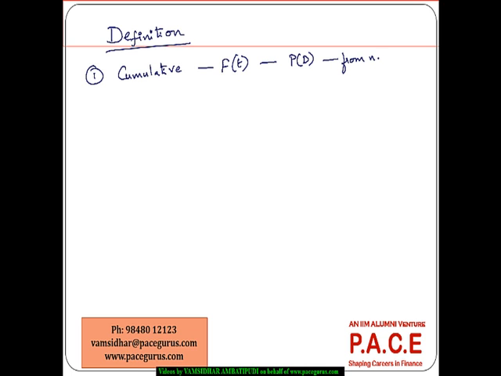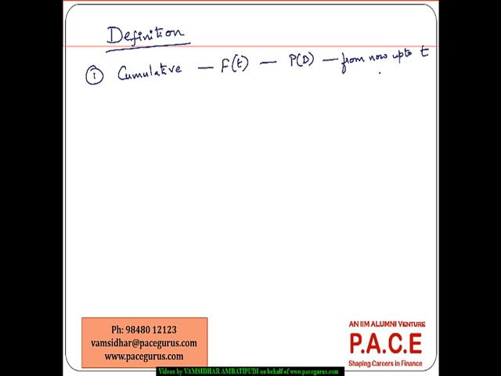So the first thing, coming out with the definition of the default probability. Here I will be looking at the cumulative probability of default, which we represent by a term like capital F of t, which talks about the probability of default at any time from now up to a time t.